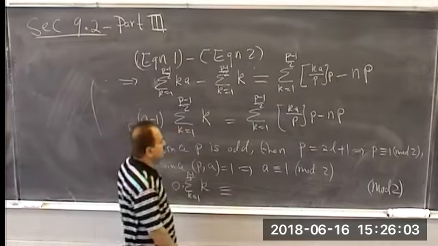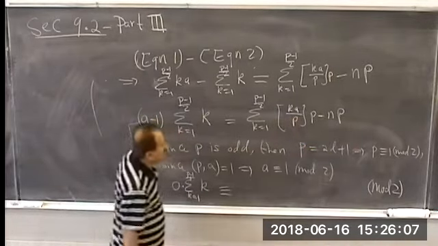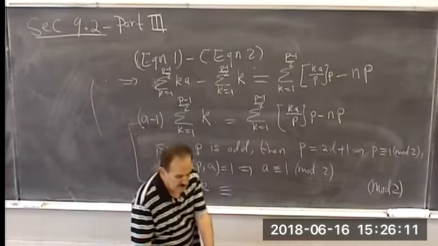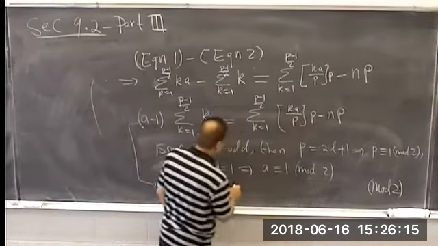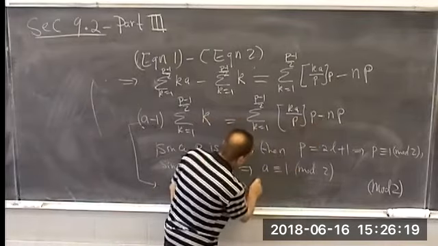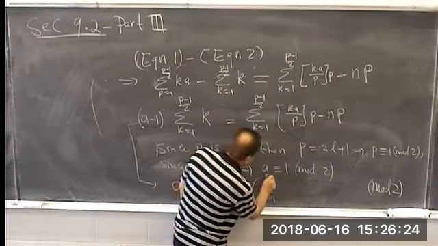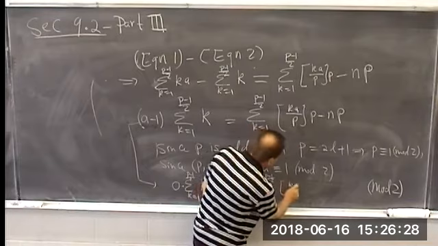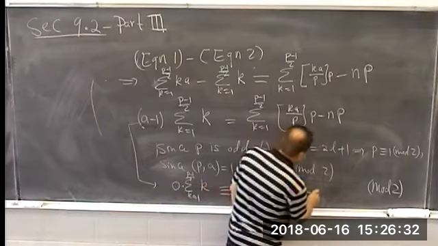Congruent to the other side, the P, N P is going to reduce to the following, so we can take a P out of these. Let me take P out between these, and then we're going to have the summation k equal 1 to (p minus 1) over 2 of the floor of ka over p, minus n.